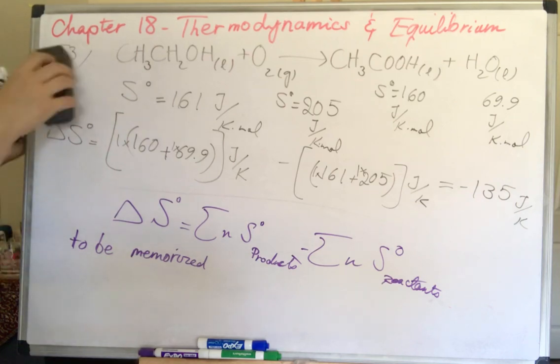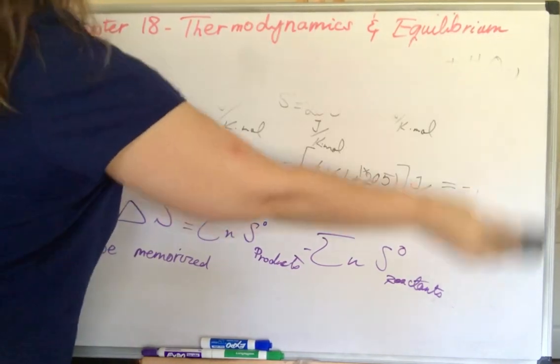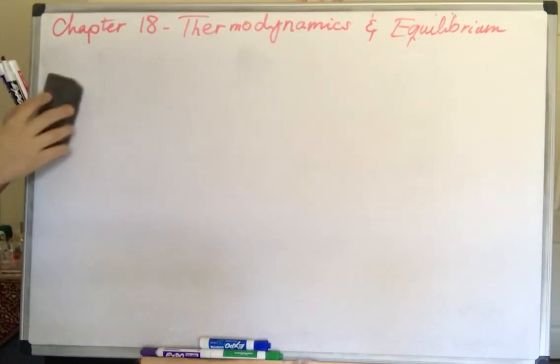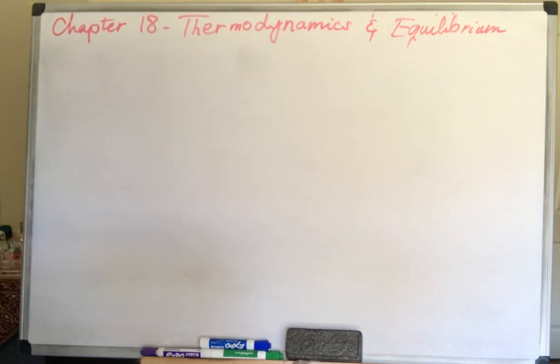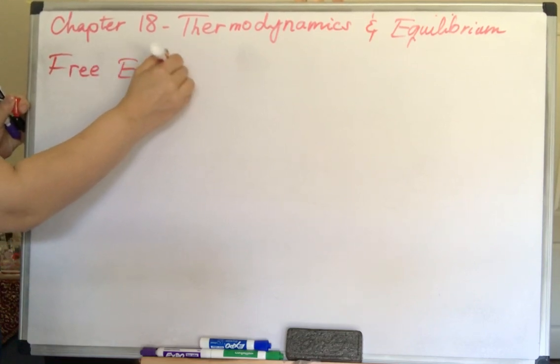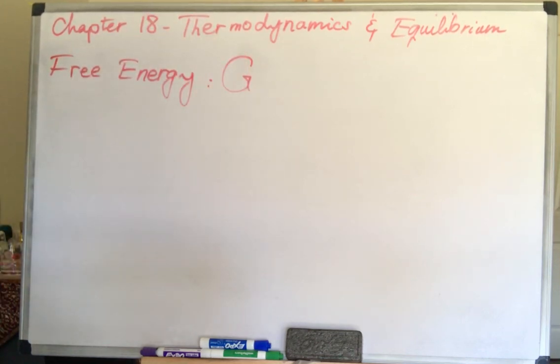The next concept that I promised you that we will work on in the previous video is actually the last quantity that we will work on in this chapter, which is called free energy, shown as G. G stands for Gibbs, because the physicist Willard Gibbs introduced it.